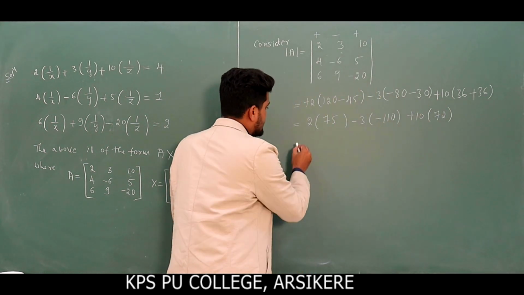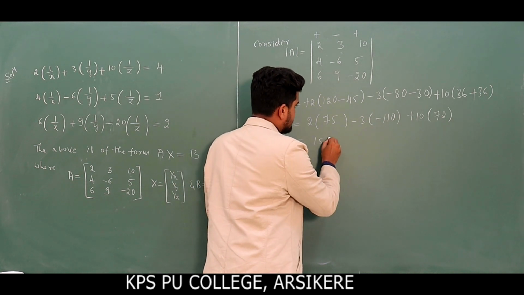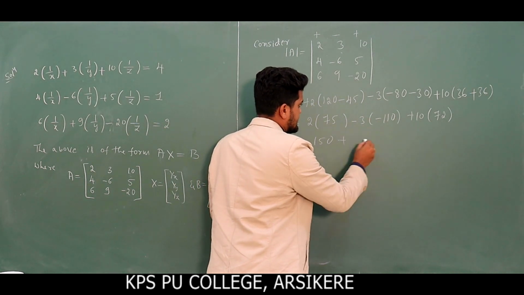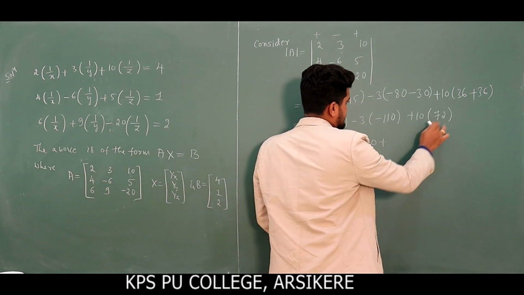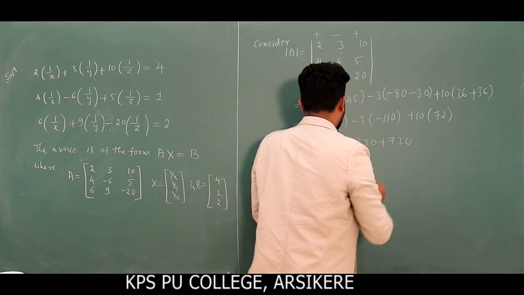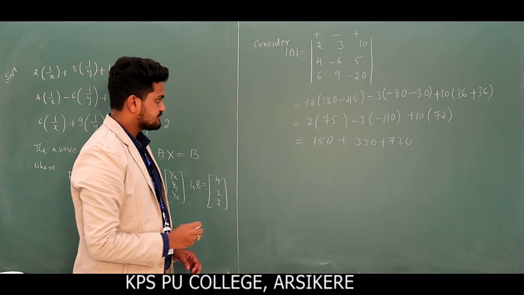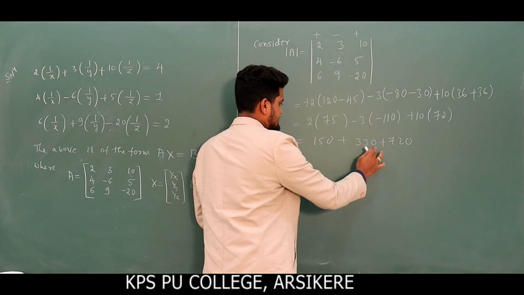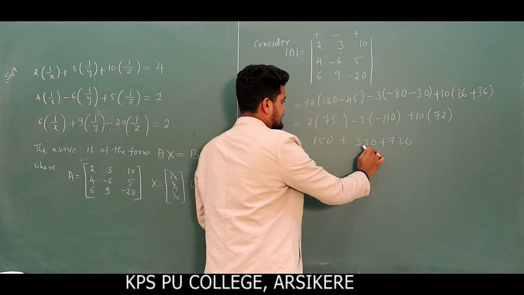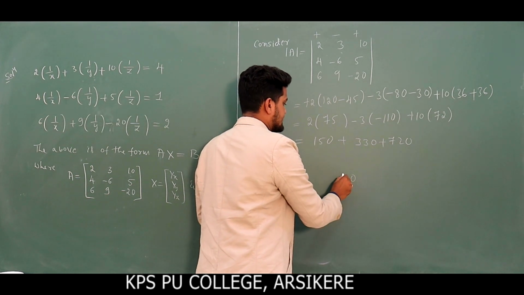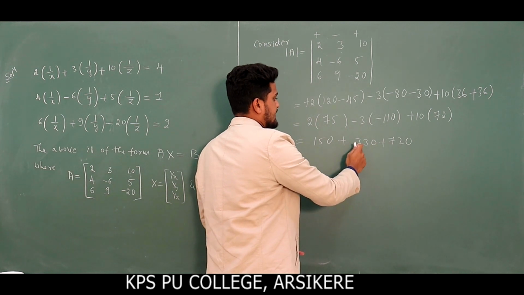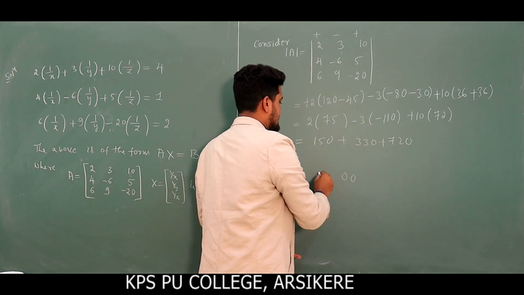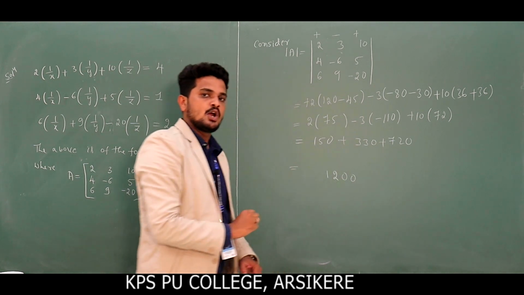So 75 into 2 is 150, plus 330, plus 720. So total is 1200.